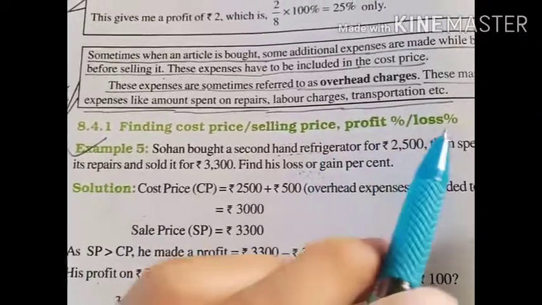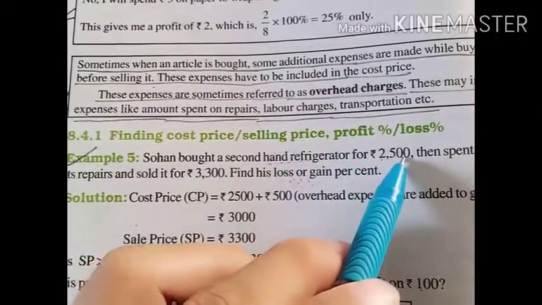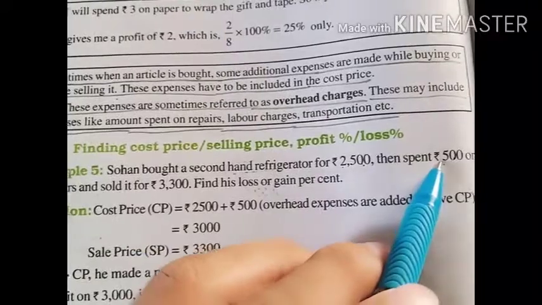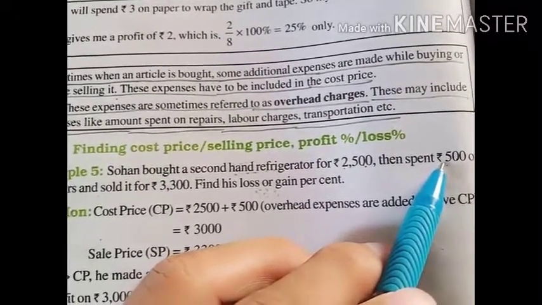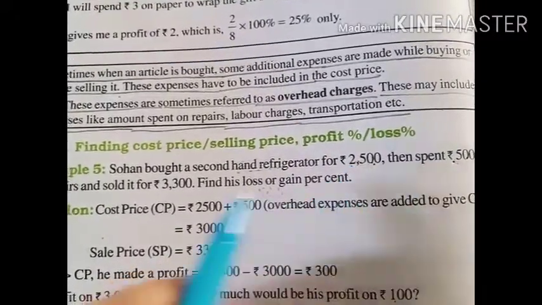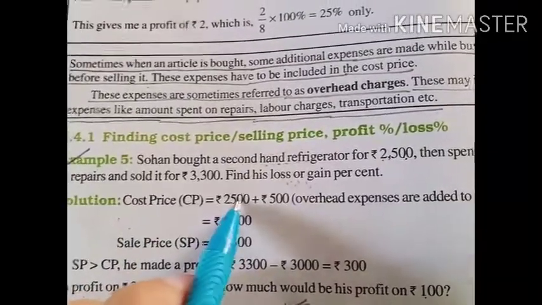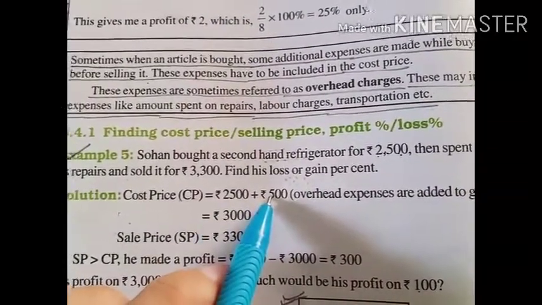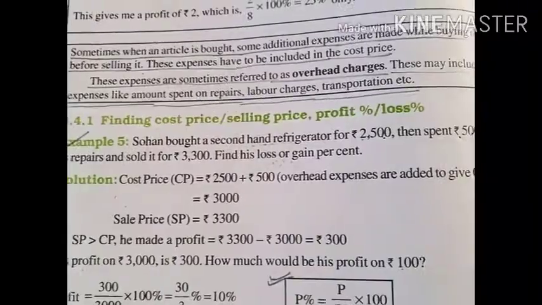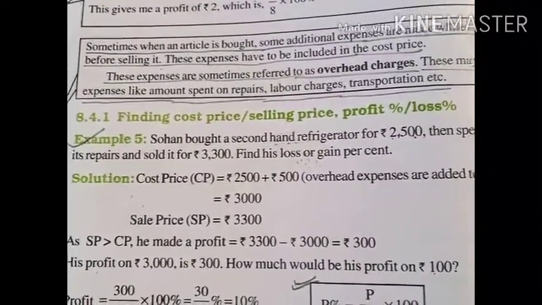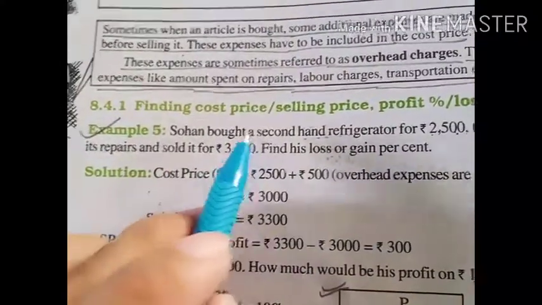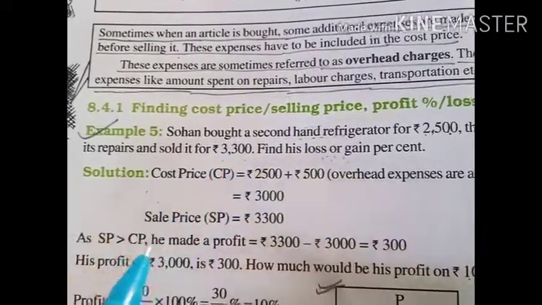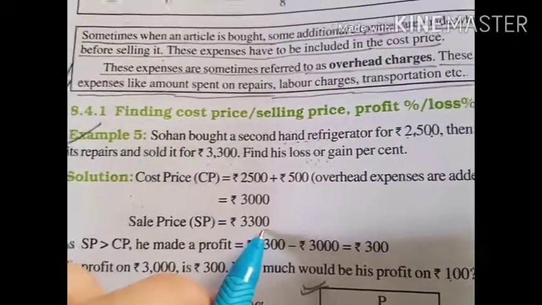So the cost price of the refrigerator is 2500 and Sohan had spent rupees 500. That means the total cost price will be 2500 plus 500 because he spent some extra money on this one, so it will become 3000. Now he sold that item for rupees 3300, so selling price will be 3300.